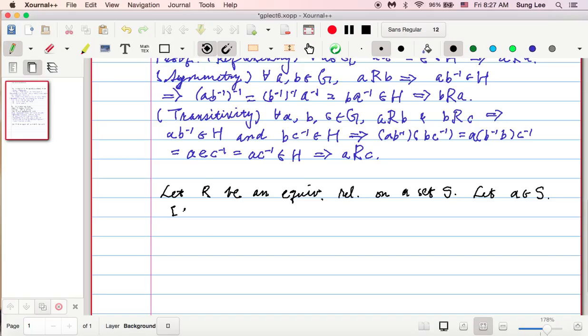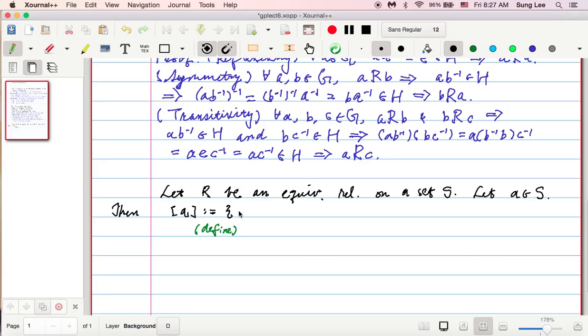notation: bracket of A. So what is this? Bracket of A is defined to be, okay, this is a definition, the colon equal sign means define.